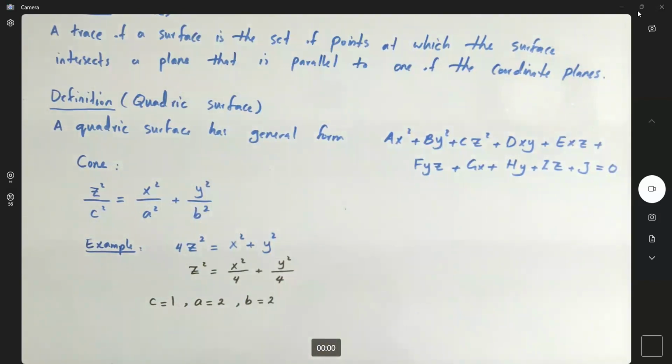Two more popular surfaces are hyperboloid of one sheet and hyperboloid of two sheets. Let's write the equations down here and then go over a couple of examples.